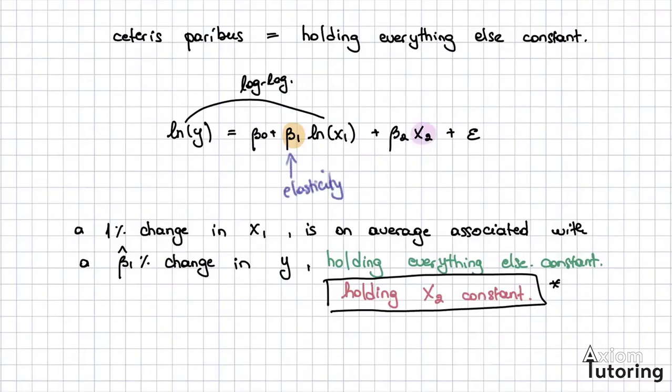Well, in that case, we're going to look at the interpretation of y and x2 separately. And for y and x2, it's not a log-log model. Instead, it is a log-level model.